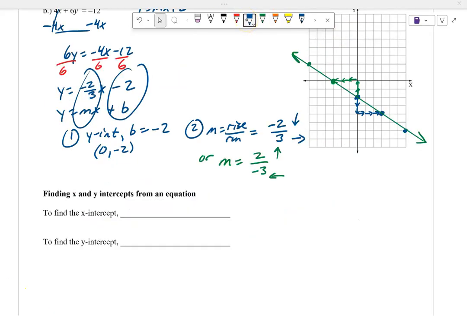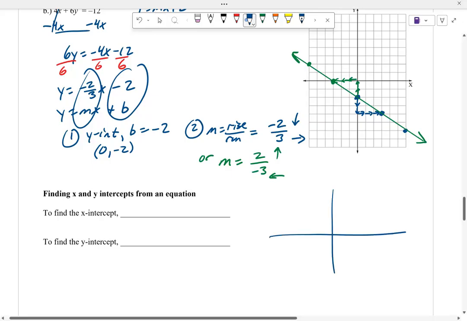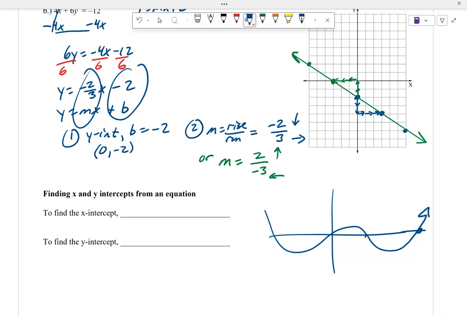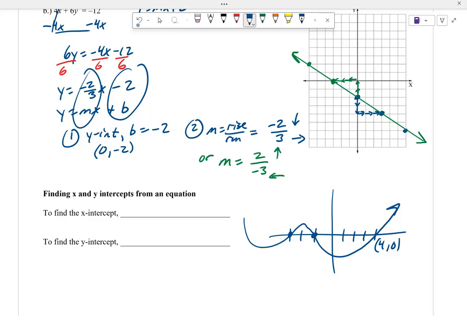Alright, to find the x-intercept, let me just do a different example. All these x-intercepts, 4, 0, -1, 0, -3, 0, all of them have a y value of 0, right?